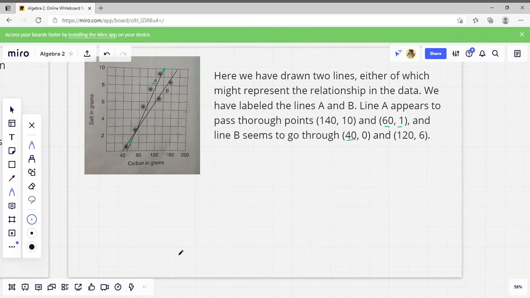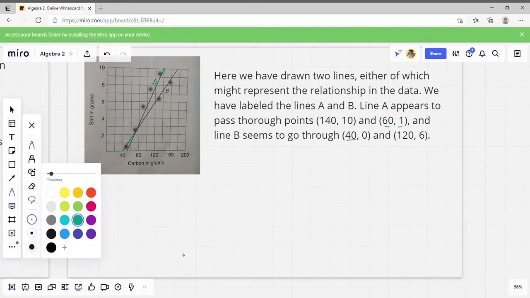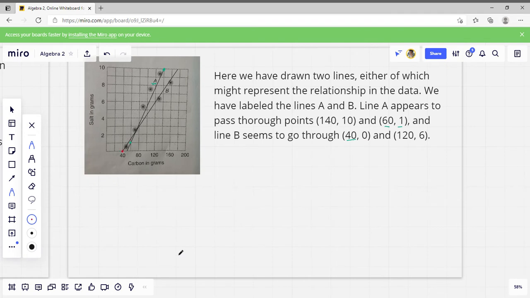So about there. And 126, right about here. So you have two separate lines that you could use for this data.